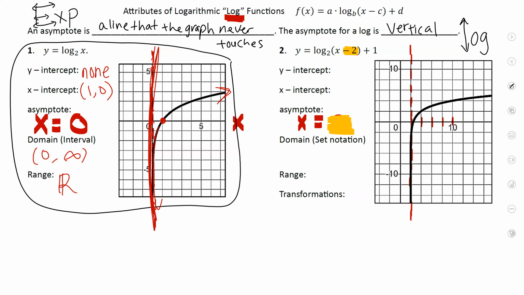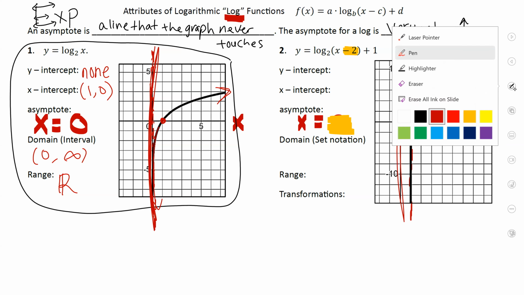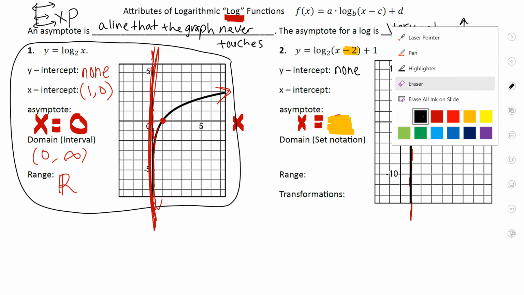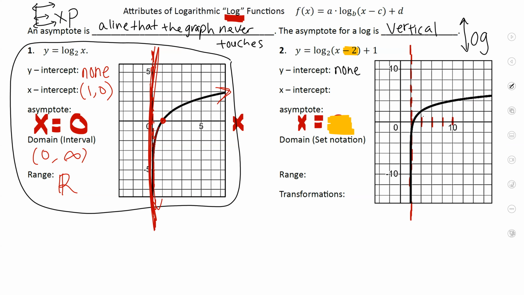So guys, let's look at example 2. Do I have a y-intercept? Does my graph touch it? No. I do not have a y-intercept. Put none for y-intercept. It does not touch the y-axis. Does it touch the x-axis? Where? Okay, so remember guys, this is going by 2s.